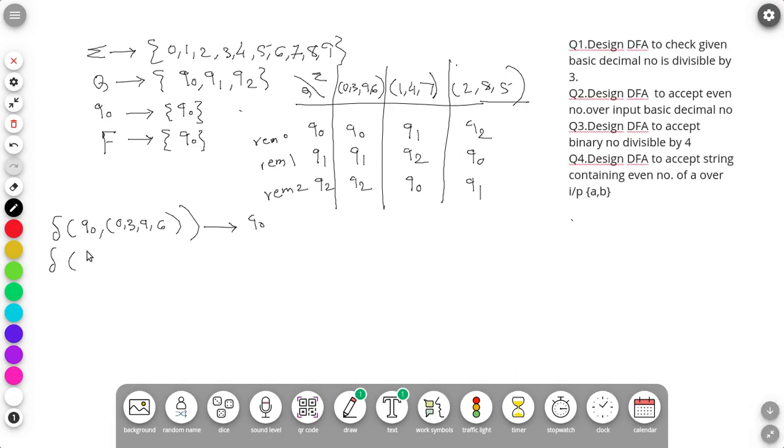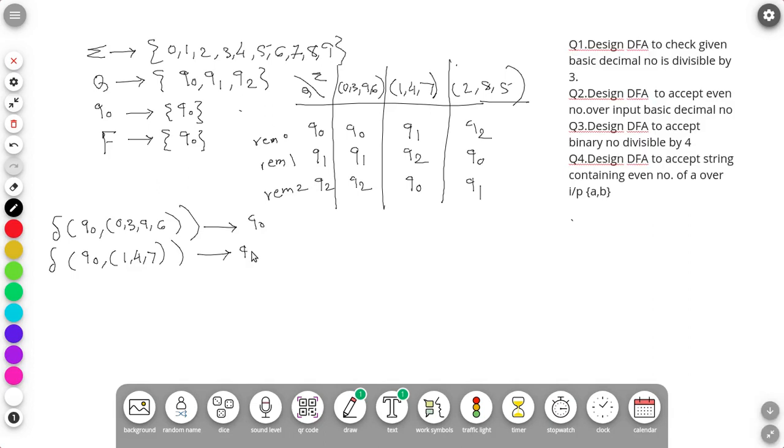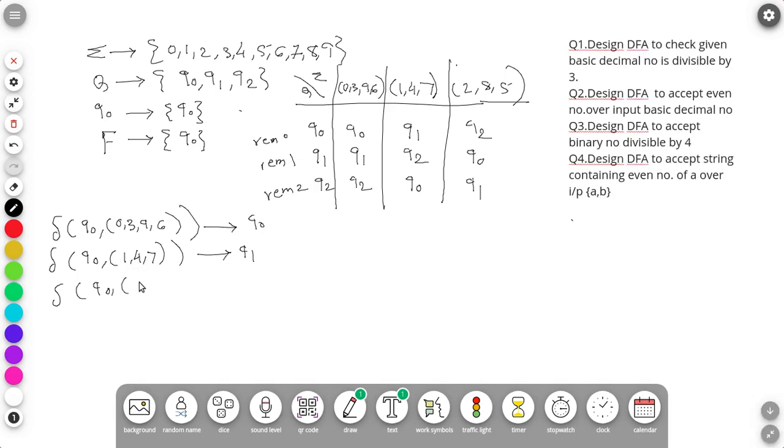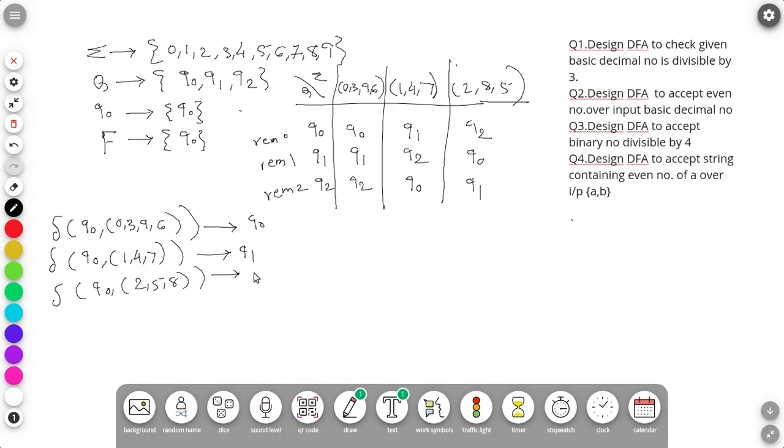Similarly, I have to write for each and every input provided to Q0, Q1 and Q2. Q0 with input 1, 4, 7 gives Q1. Similarly, Q0 with input 2, 5, 8 generates Q2. Similarly, I have to write transition equations for Q1 and Q2. So this is all regarding the transition equations and the transition table.